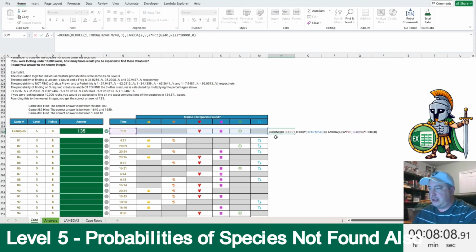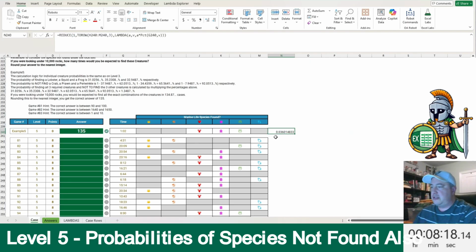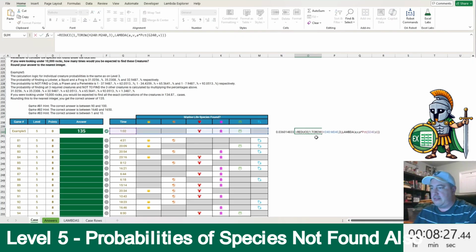So this formula here takes care of, let's not do the rounding yet. That gives you the percentage of just the 3 positives, the 3 that we want. And then we also need to get like the same thing for the negatives. So instead of this input array, we'll say filter this where this is empty.